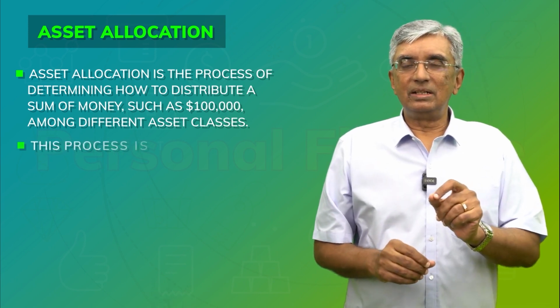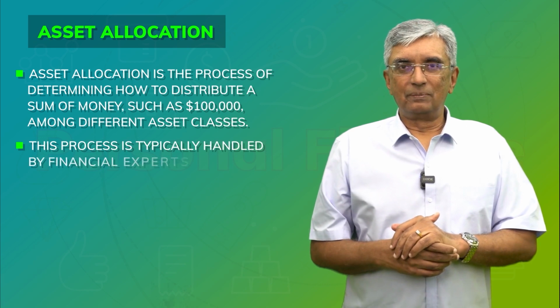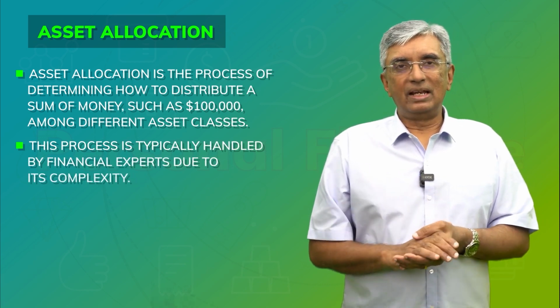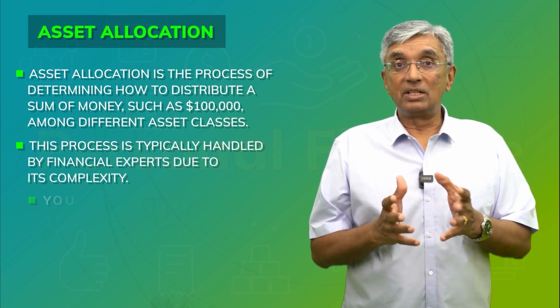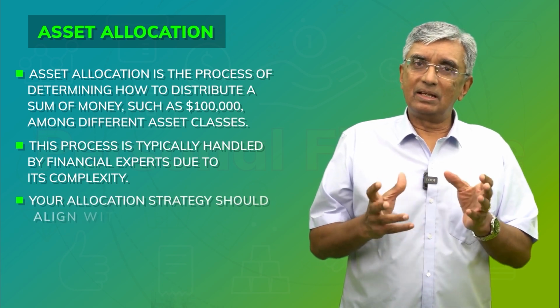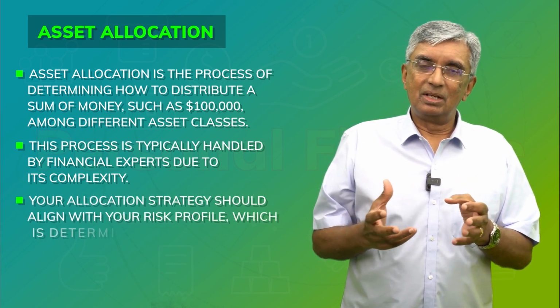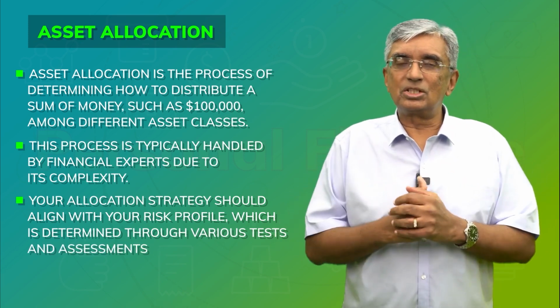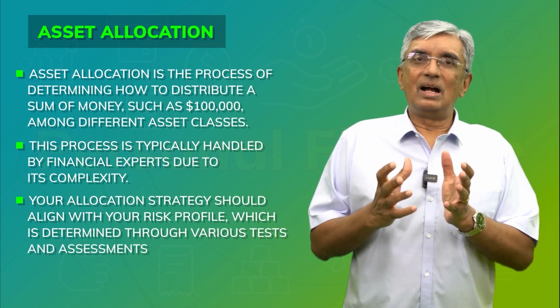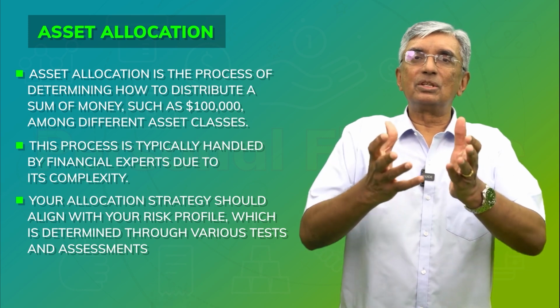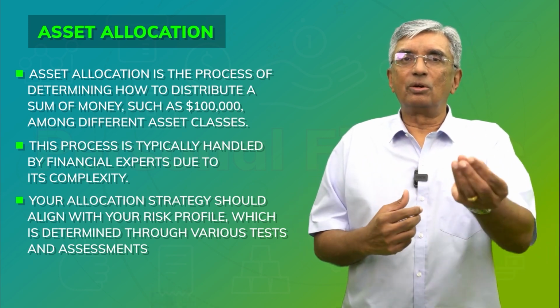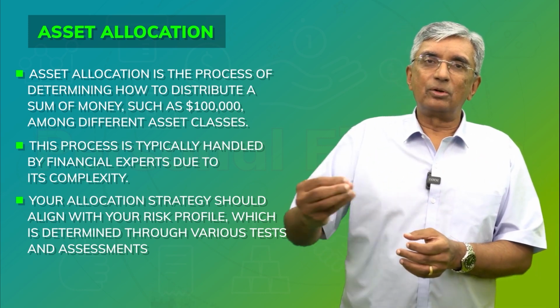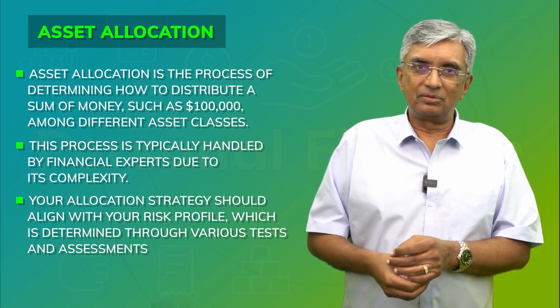This is certainly an exercise for the expert, and how you allocate will depend on your risk profile. And today there are many tests that can be administered which will tease out your risk tolerance. It's very hard for someone to ask you, what is your risk tolerance? And you cannot give an answer saying it's 5 out of 10 or 7 out of 10 or 9 out of 10.